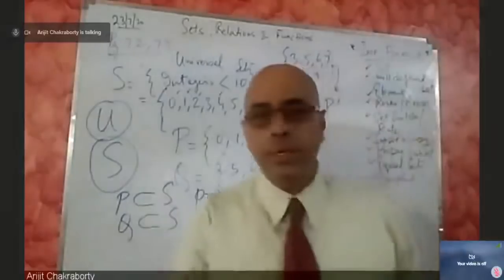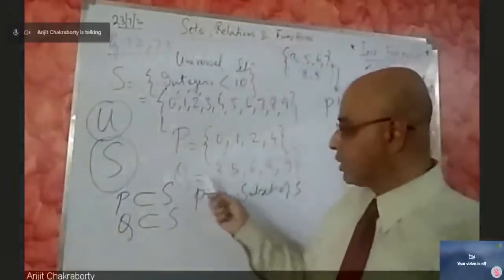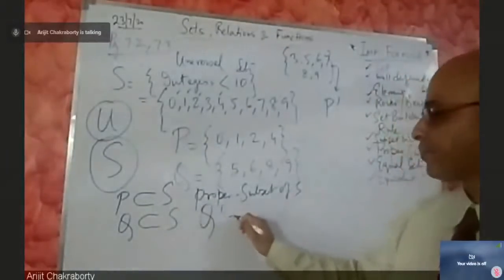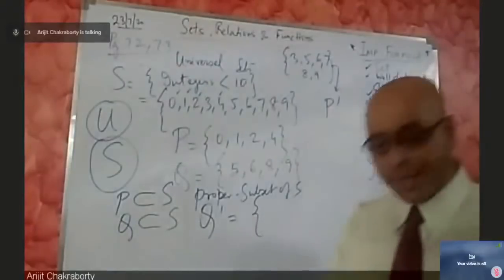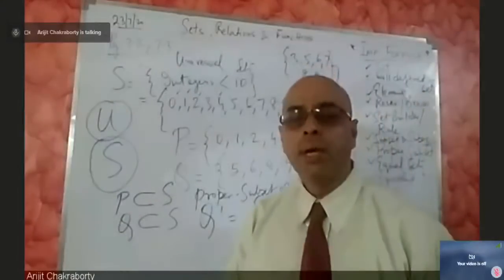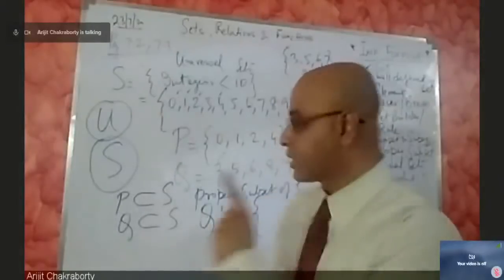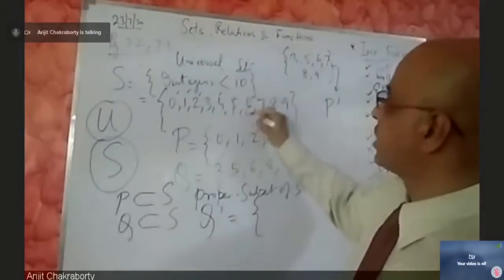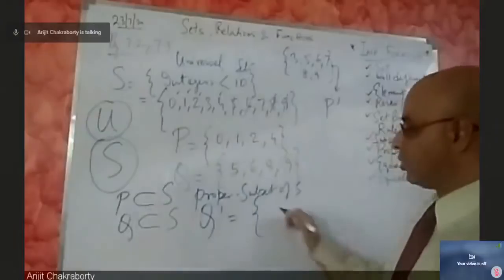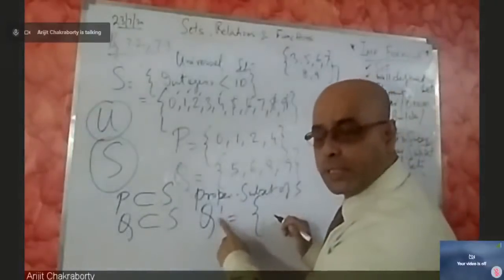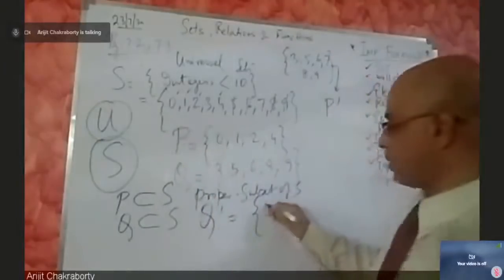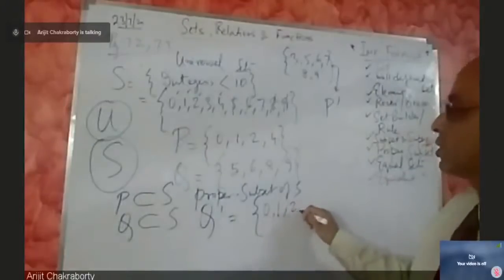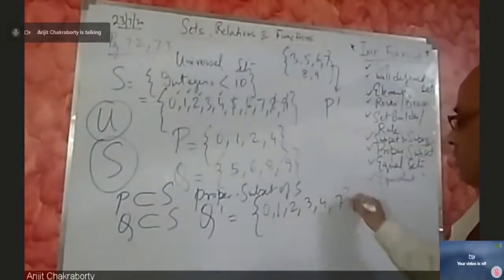Now I would request you, can you quickly find out Q dash? The set Q is given, 5, 6, 8 and 9. That means what are the elements which are there in S but which are not there in the set Q? Let us identify 5, 6, 8, 9. So in Q dash, the complementary set of Q, 0 is not there in Q. So I write 0, 1, 2, 3, 4 and 7.